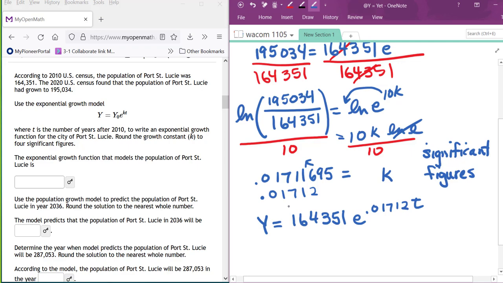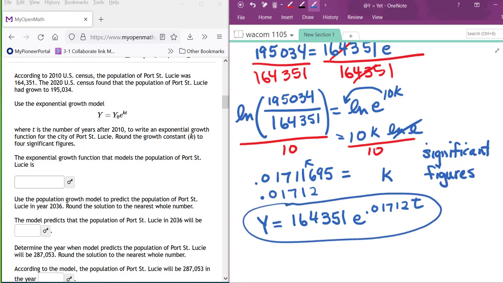So this should be our growth function that goes here. And we'll check. So we're good. I was a little slack here and didn't put the 0 on the left of the decimal. It should be okay without it mathematically, but if you want to be exact, put it in.